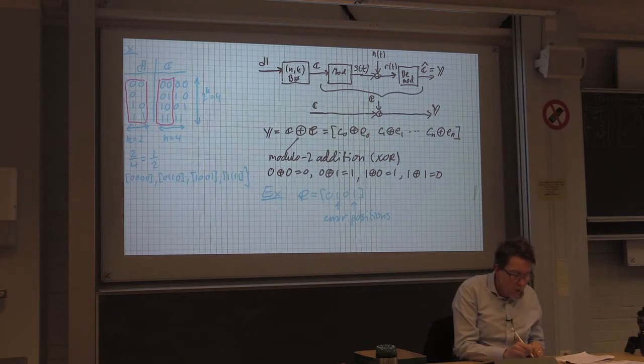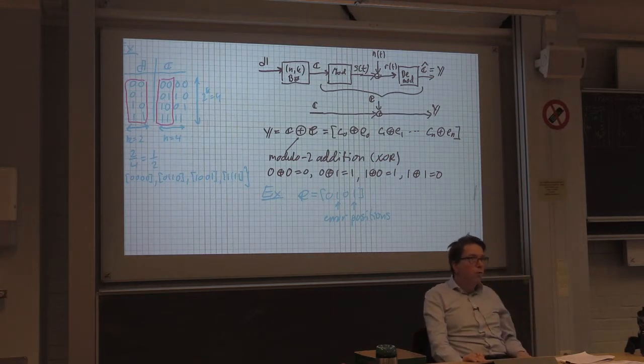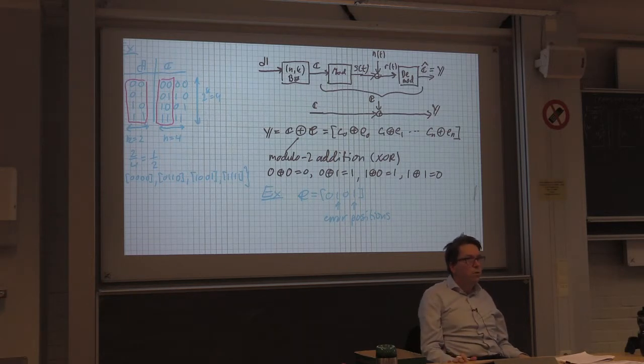Why do we do coding? Well, we do coding for two main reasons. One is called error detection and one is called error correction. So let's start with error detection.